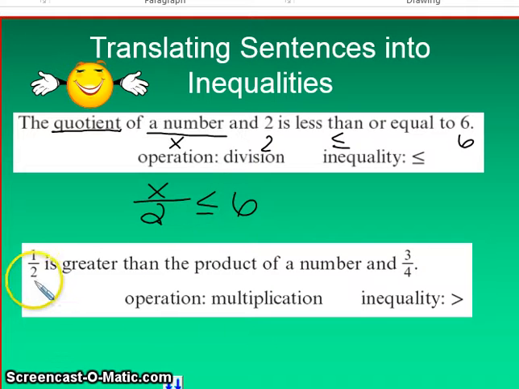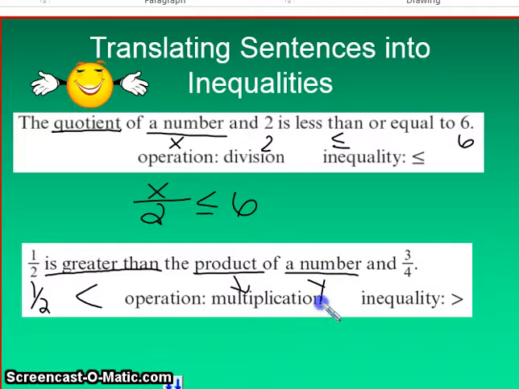In this next one, it says 1/2. That's something we're definitely going to have to use. Is greater than. That tells us that we're going to use the greater than symbol, which is that. Then we've got product, which tells us that we're going to multiply a number, which we use a variable for. I'm going to use y in this case. And 3/4. So to turn this into an algebraic sentence, I'm going to write 1/2.